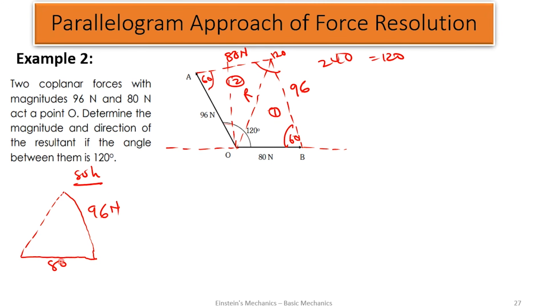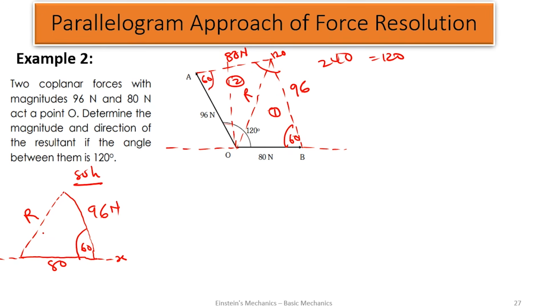This is 80. This is the diagonal, at the same time the resultant. This is angle 60. So we can see this is the axis. This axis. So this is the resultant.